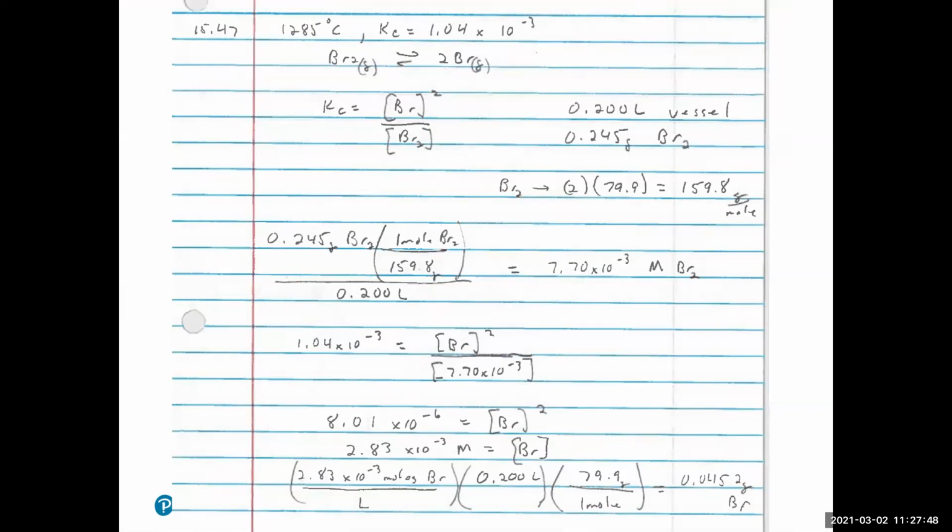Okay, well, one of the first things that we should have thought was, okay, we're not going to like those grams. So we're going to have to do something with that. That should have been the first thing that came to our mind, because remember, as we've talked about this equilibrium stuff, it's always been moles per liter, right?